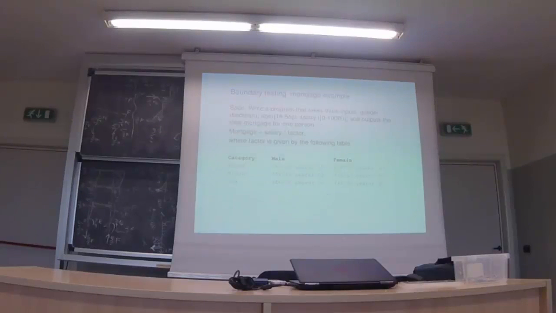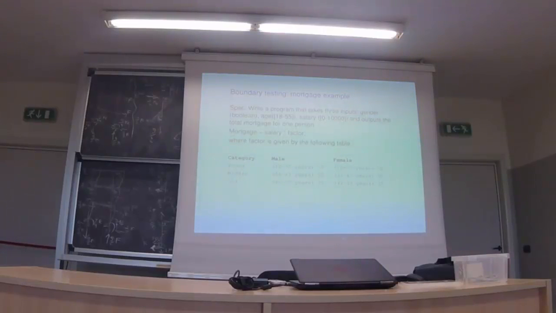Example of computing a mortgage. Mutuo. We have to write a program that takes a string, which is the gender, male or female, which can be a boolean; the age, a value between 18 and 55; the possible salary between 0 and 10,000 euro per month or something like that; and outputs the total mortgage for one person, which is the salary times a given factor.